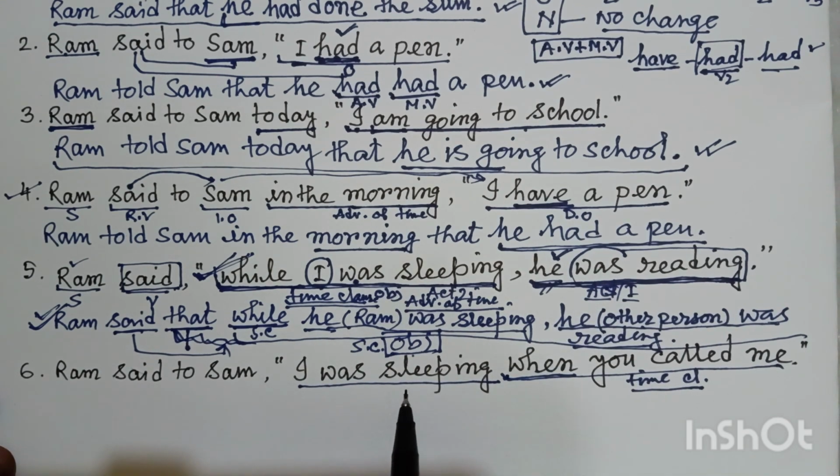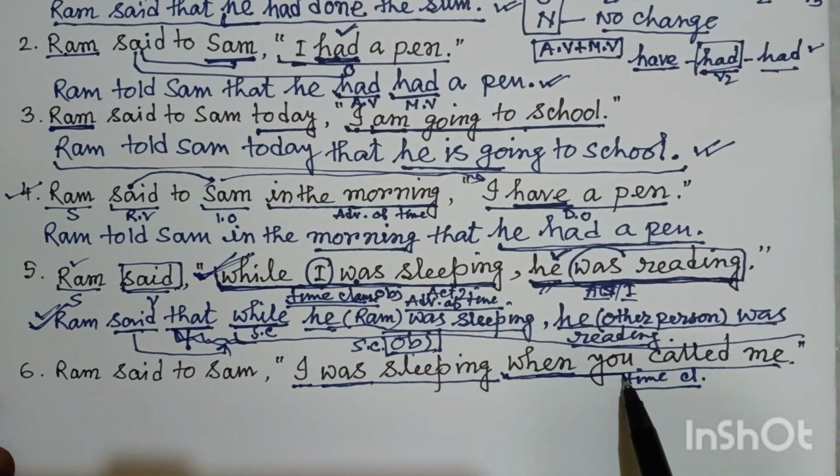That means the sentence will not be changed. We have to change only the pronouns, or any other thing. Maybe it is a subject nominative pronoun, or if it is a possessive pronoun, these will be changed, but we cannot change the tense here, because we cannot actually change the time here.